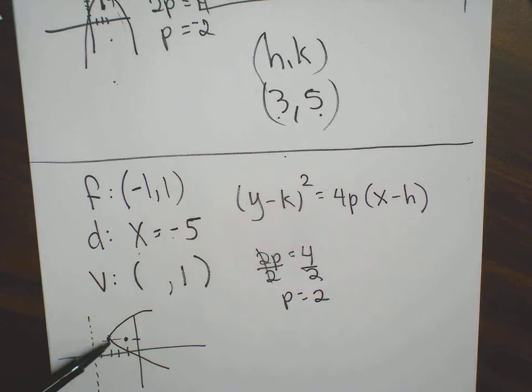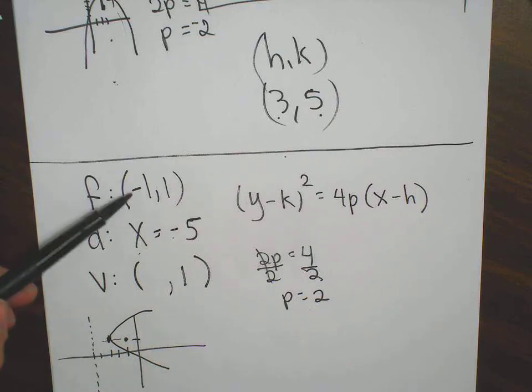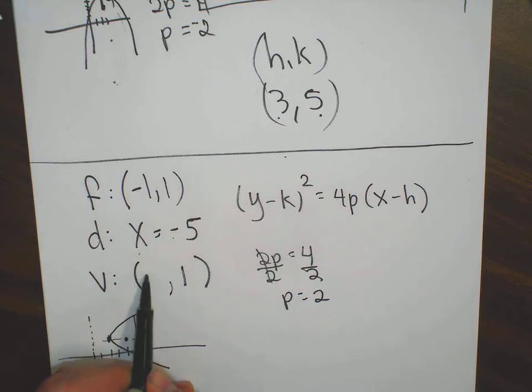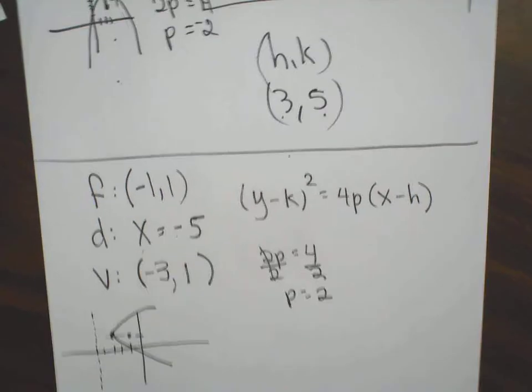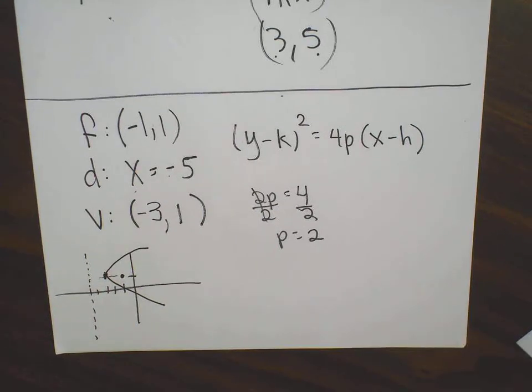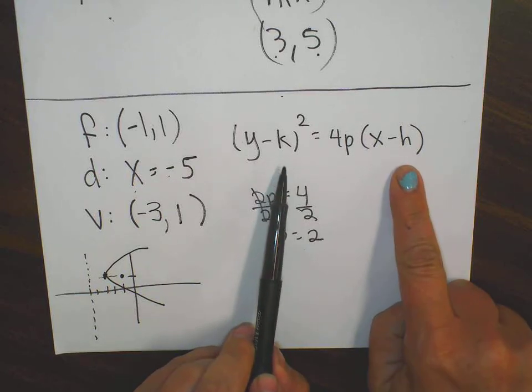And what would I need to do if this is my focus? How do I get to this vertex? We're going to the left, so it's -1, subtract 2. So that would be -3. When I plug everything in, what do we have to be really careful about? Make sure we plug in the x coordinate with the x, and the y coordinate with the y. It's reversed here.